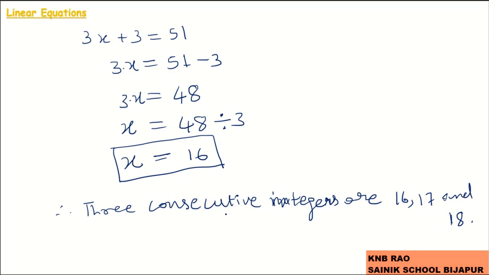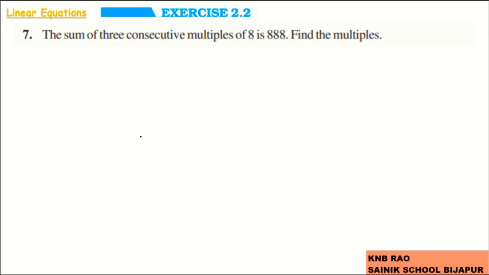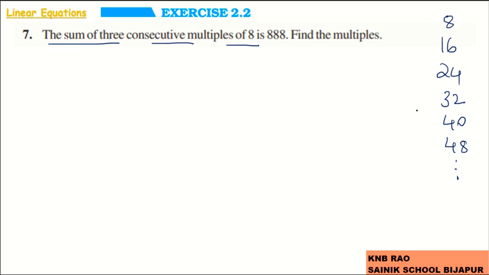Now coming to the 7th question. Sum of 3 consecutive multiples of 8. See, consecutive multiples. Normally you know multiples of 8 are 8, 16, 24, 32, 40, 48 and so on.